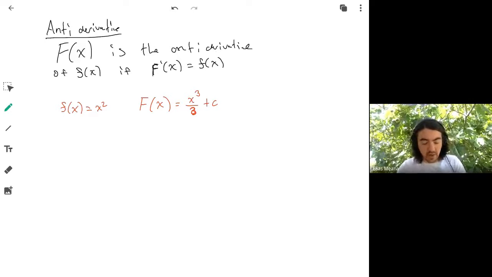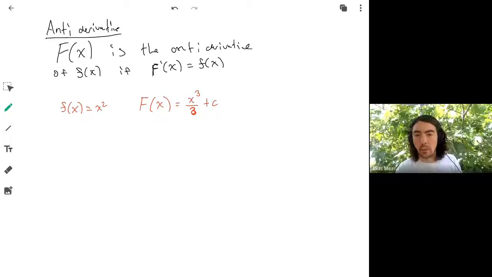All right, so this is how we do antiderivatives. This is common stuff. We've been doing this since P1, but I wanted to establish this notation so we see exactly what's happening. So little f of x is our function, big F of x is our antiderivative of that function. The way that we notate that is we say big F of x is a function such that the derivative of big F of x is equal to little f of x.